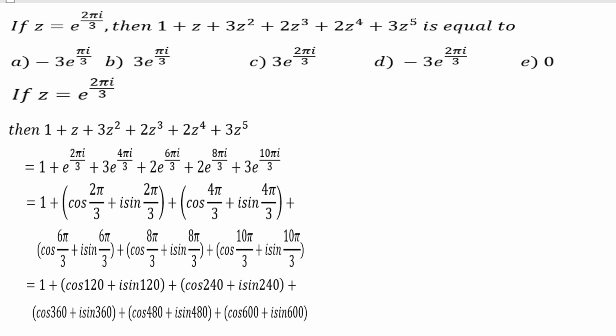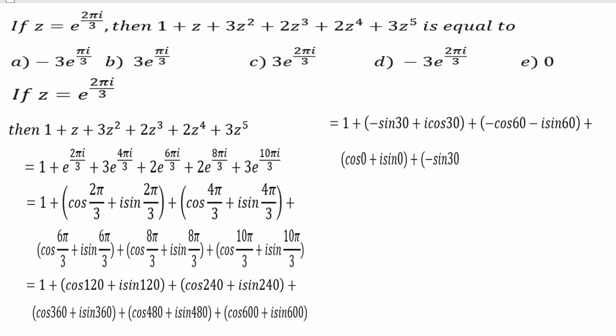We know that cos 120 equal to cos (90 plus 30), that is minus sin 30, and sin 120 equal to sin (90 plus 30), that is cos 30. Like that, we get 1 plus minus sin 30 plus i cos 30 plus minus cos 60 minus i sin 60 plus cos 0 plus i sin 0 plus minus sin 30 plus i cos 30 plus minus cos 60 minus i sin 60.